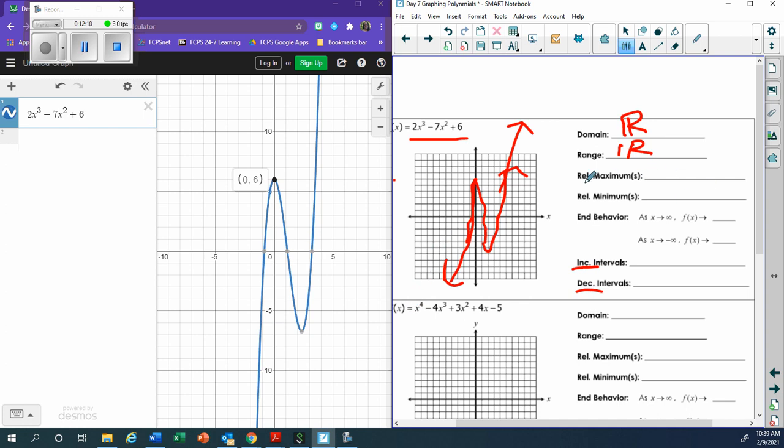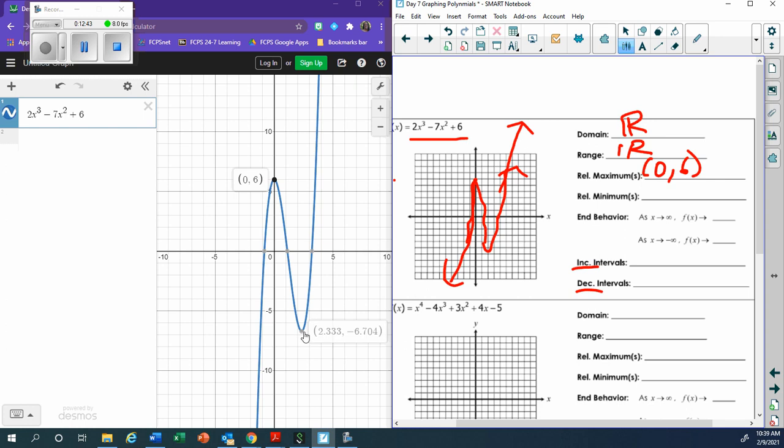So what is the relative maximum? What's the highest turning point we have? So this you can do, right? You guys have to chat it, even if I'm pointing at it. So what is my relative maxima here? Zero and 6. Thank you, Giovanni. 0, 6. Awesome. What is the relative minimum?